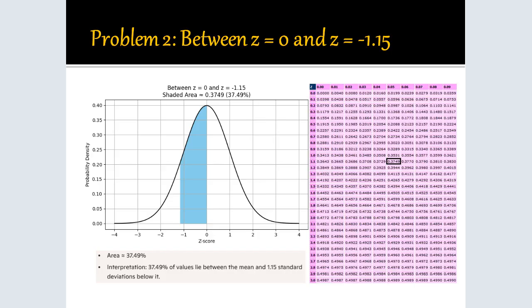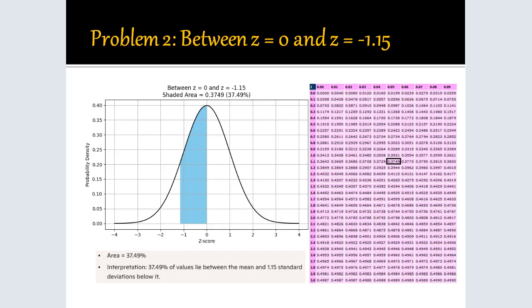And again, if we multiply it by 100, that will give us 37.49%. So it means 37.49% of the values lie between the mean and 1.15 standard deviation below it, since this is negative.